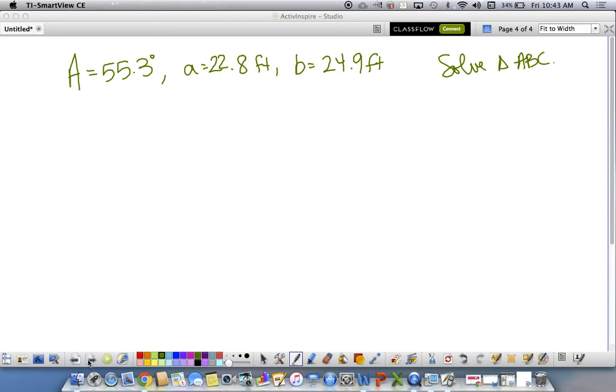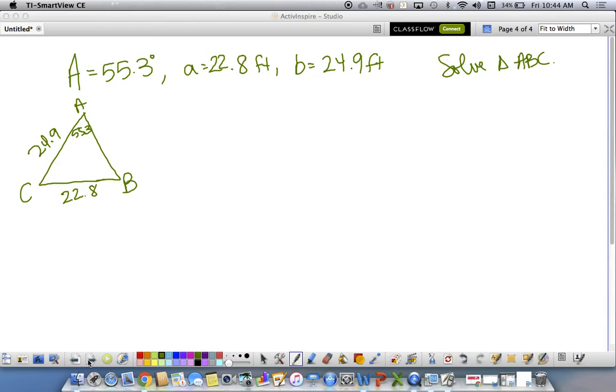We're going to do the exact same thing that we have always done. Sometimes I like to draw a triangle. You'll see on what I load for you for 7.1, I drew most of them. So if angle A is 55.3, I'm going to put it at the top. Then the opposite is 22.8. It doesn't matter where B is. I'm going to put it over here, 24.9. Here's B. Here is C.